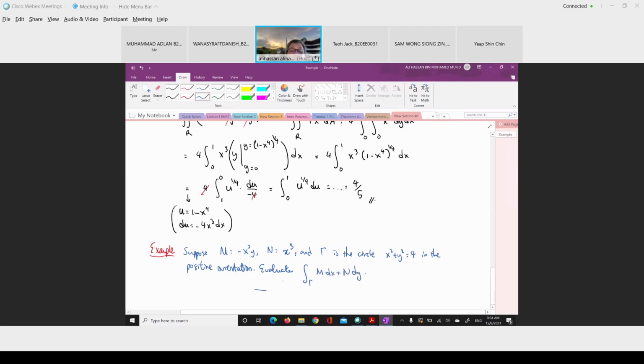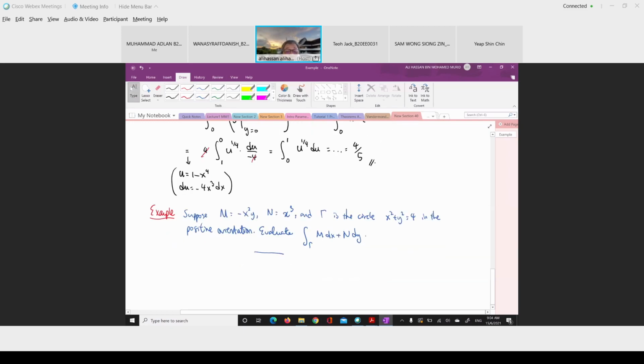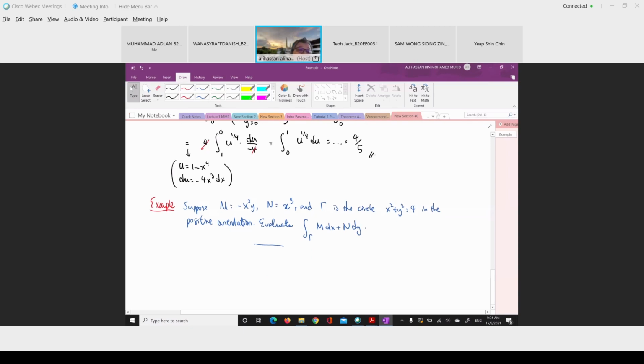Okay, so again, this is a line integral in two-dimensional space, and the curve is gamma.